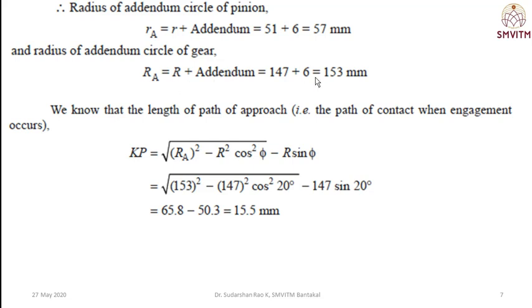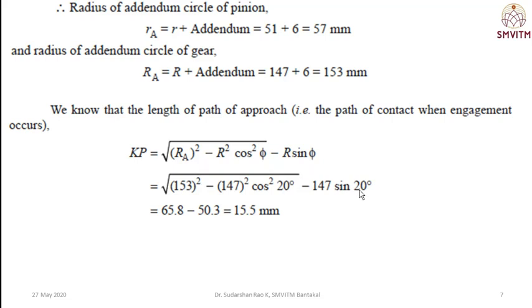Then the length of path of approach is equal to square root of RA square minus R square cos square phi, minus r sin phi. Here all the values are known, RA and R calculated, and phi is given as 20 degrees, therefore 15.5 millimeter is the length of path of approach.